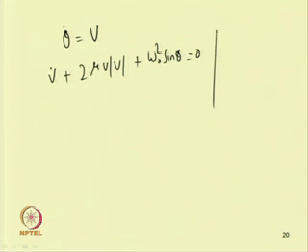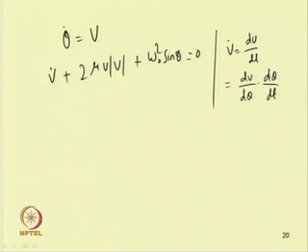One can write v dot equal to dv by dt, which can be written as dv by d theta into d theta by dt. Now d theta by dt is nothing but theta dot, which we have taken equal to v. So, this v dot can be written as v dv by d theta.